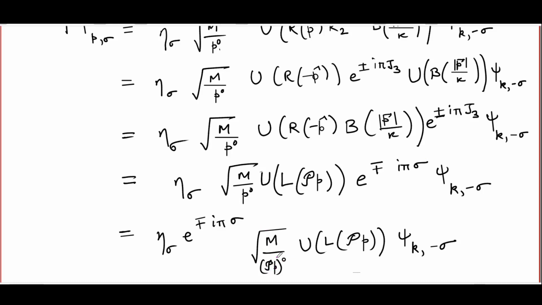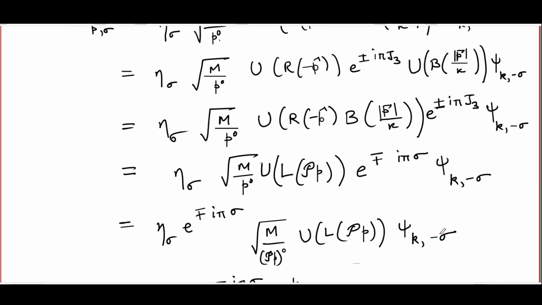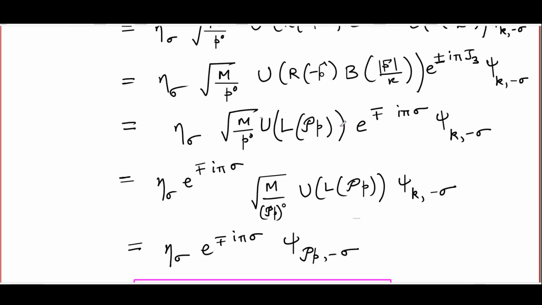After all, the parity operation does not change the zero component of the four-momentum at all. U of L curly p p acting on psi k minus sigma is obviously nothing but the state psi curly p p comma minus sigma.